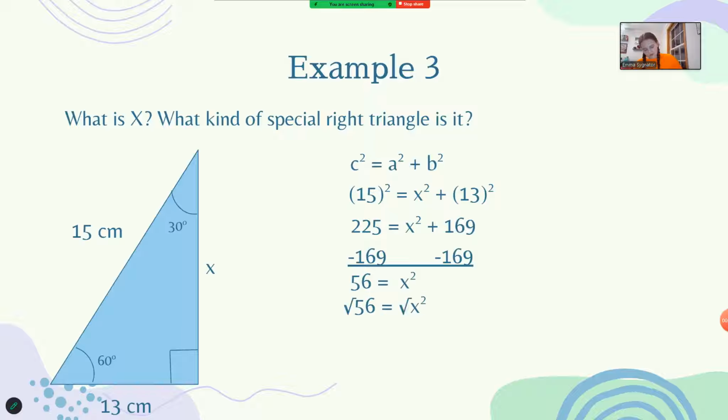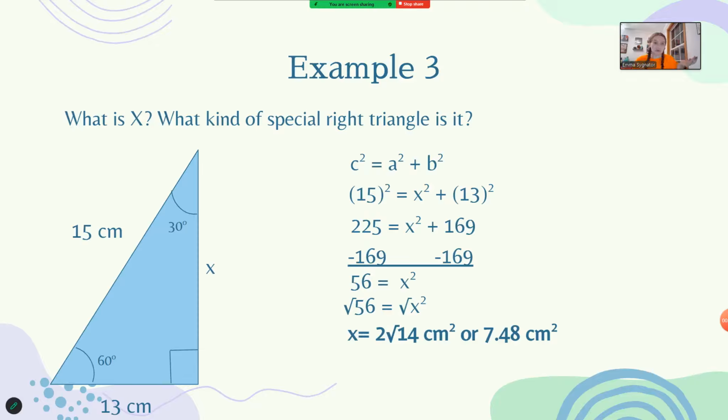Find the square root of each side. And the square root of 56 can be simplified as well, which gets us to the simplified answer of 2 times the square root of 14 centimeters squared. And again, a decimal answer of 7.48 centimeters squared.